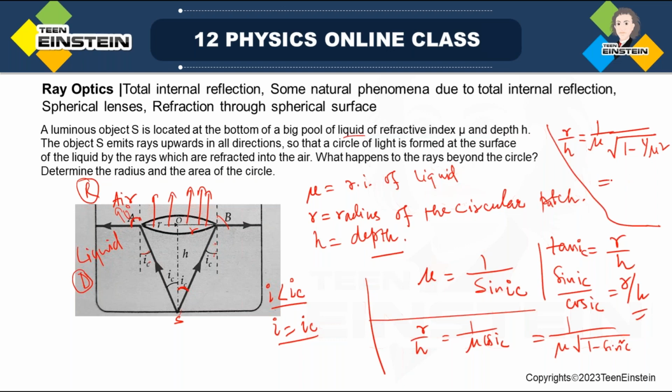So you get, mu will be going up, 1 over mu is down, and in the numerator there will be mu square minus 1. Okay, this mu will cancel each other, so r will be h divided by square root of mu square minus 1. I think I have made it very messy.